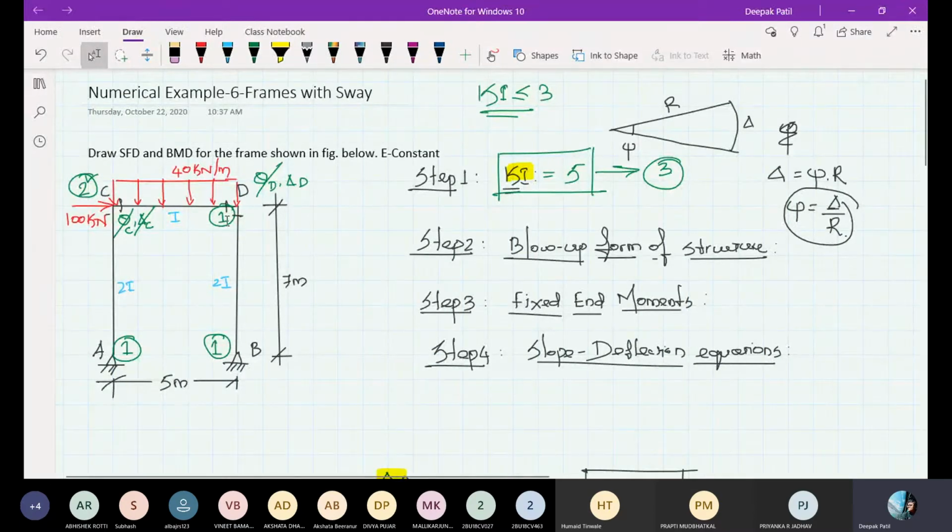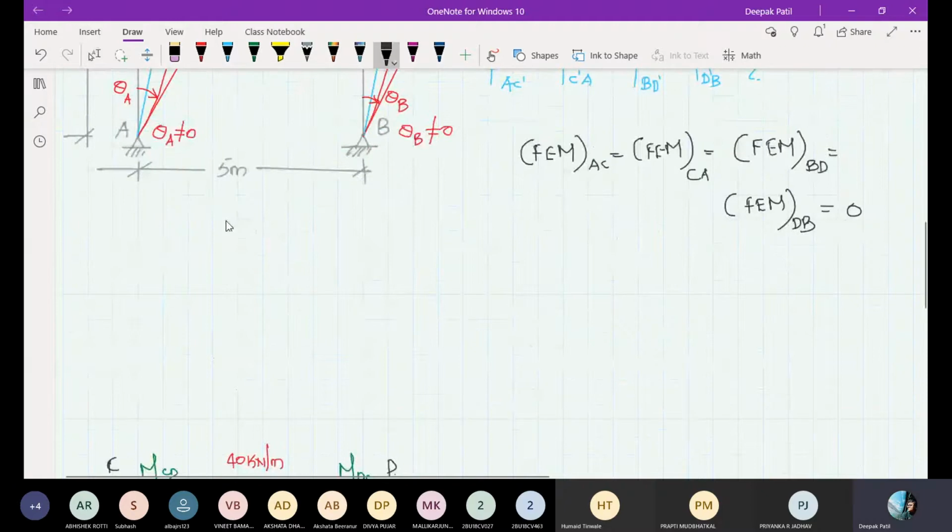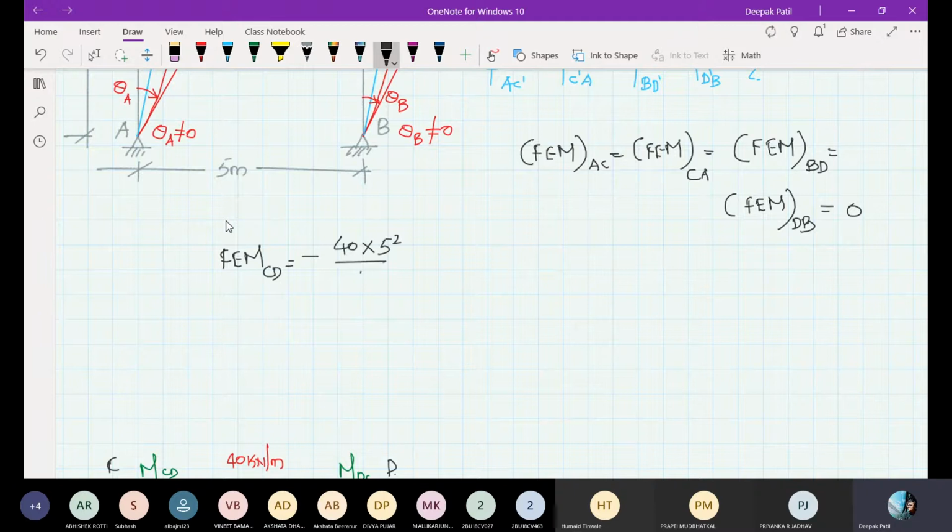Only we need to calculate the fixed end moment for span CD. So let me calculate the fixed end moment CD here. You have to refer to the standard tables. It is WL square by 12. So fixed end moment CD will be minus 40 into 5 square divided by 12.